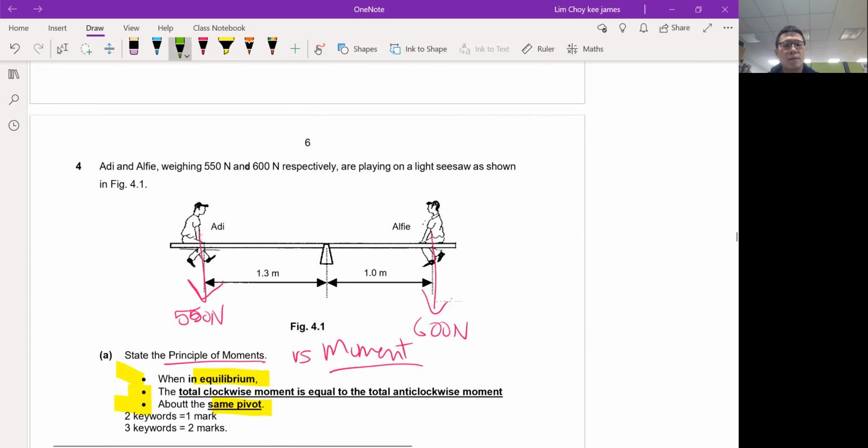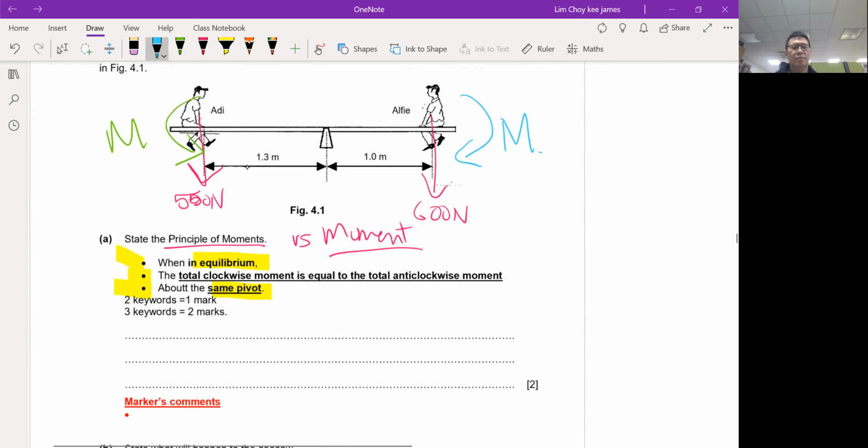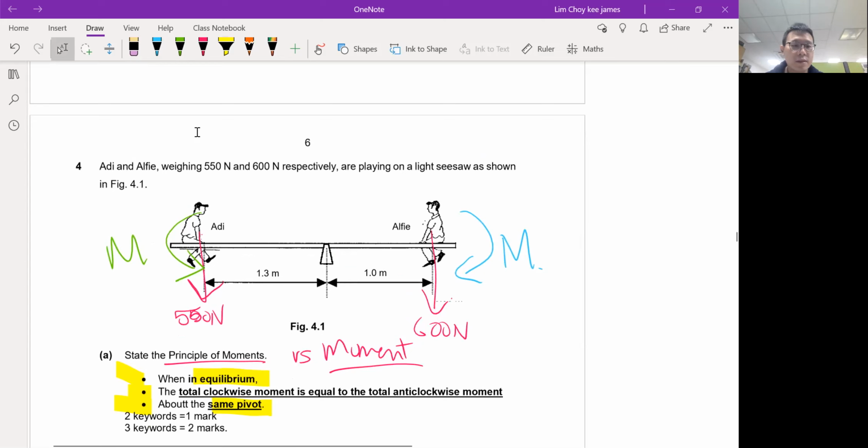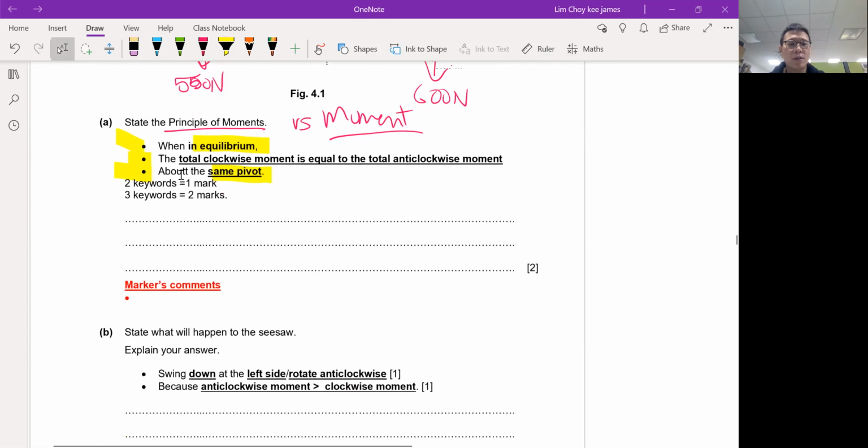Standard analysis, this guy will be your anti-clockwise moment. Then you will have a clockwise moment by Alfie. Take note, the question never says it's balanced yet, so we cannot assume it's balanced. That's why the question says what happens to the seesaw.